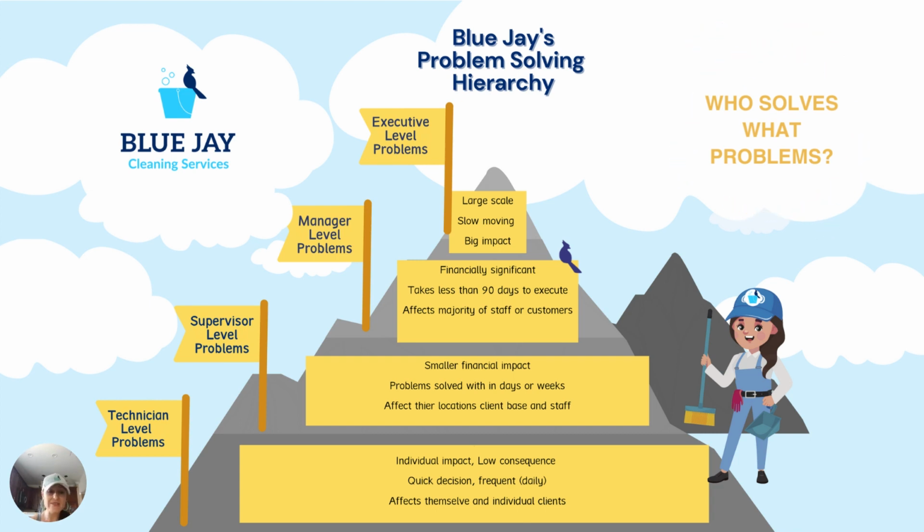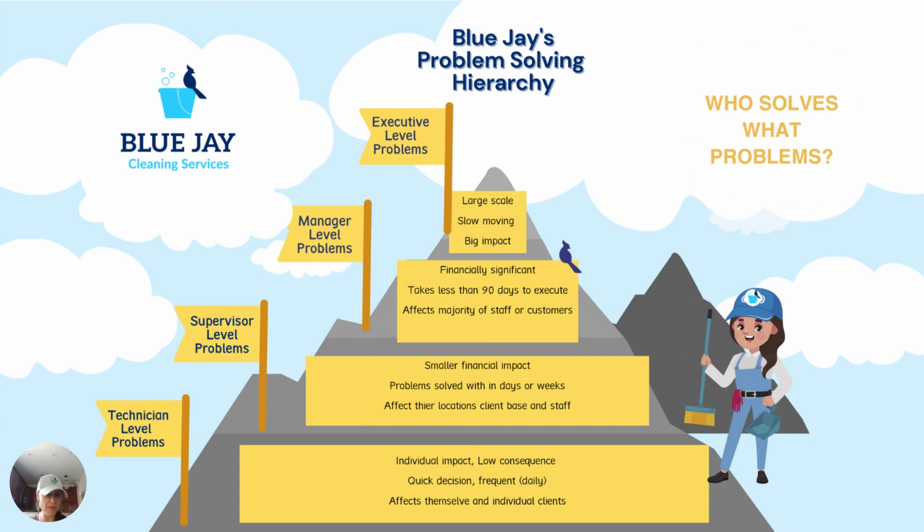Technician level problems: individual impact, low consequences, quick decisions. They happen frequently, probably daily, and it affects them and individual clients, and maybe their supervisor if they have to get pulled into a problem. But generally, it's just little things. We'll go over some samples on the next slide when we get there.